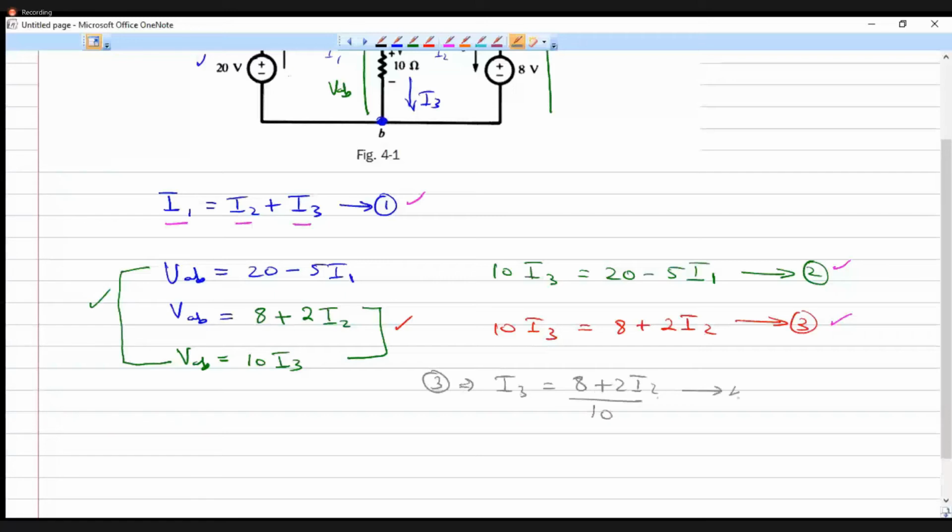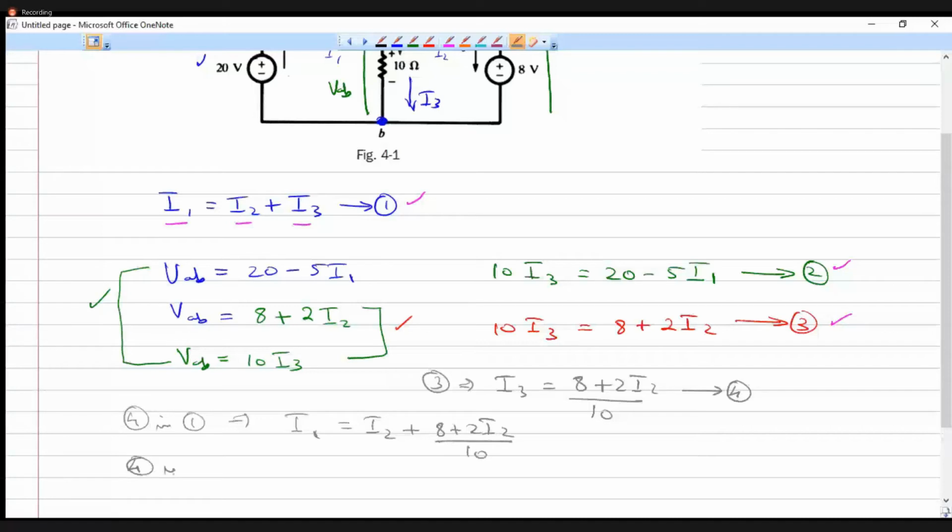So this I can write as 4 and substitute 4 in 1. So I can write I1 is equal to I2 plus I3 will be replaced by this result, 8 plus 2I2 divided by 10.